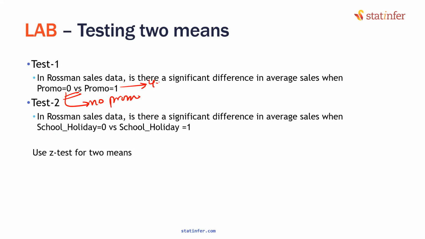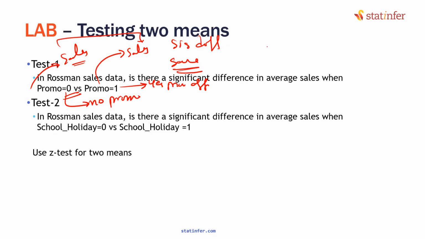You have the average sales here and the average sales here. I want to know whether they are significantly different or whether they are the same. What will be our null hypothesis? Tell me in this case. What is the basic assumption that you start with? Promotion versus no promotion.